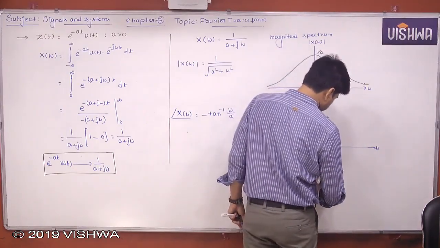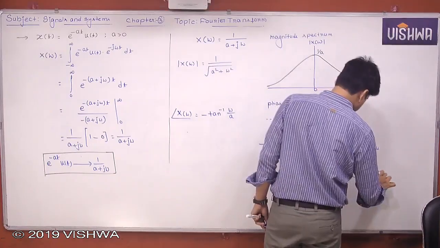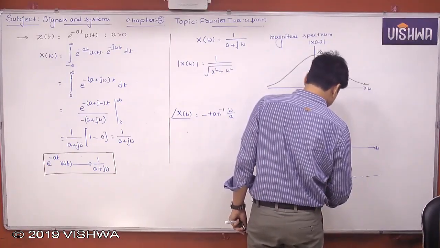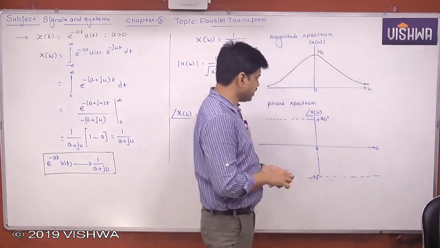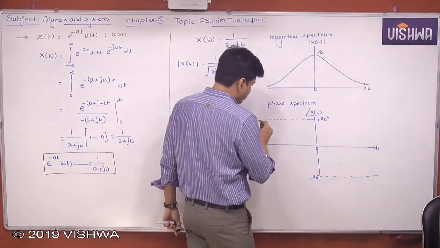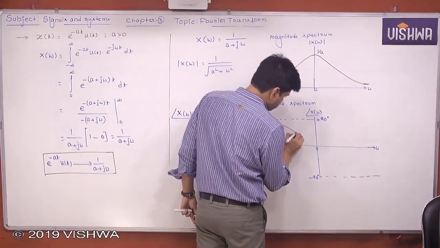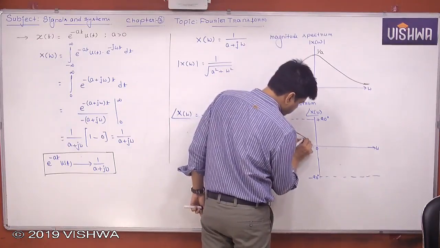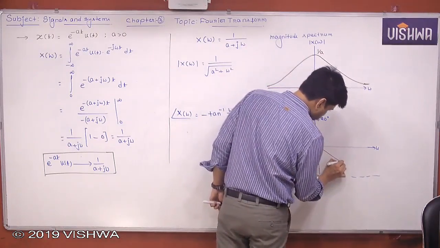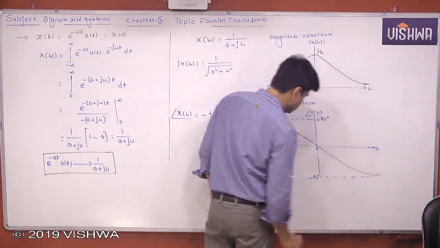Next, minus 90 degrees. So if I take at minus infinity, its value is equal to minus 90 degrees and keeps on decreasing, and again increases like this.